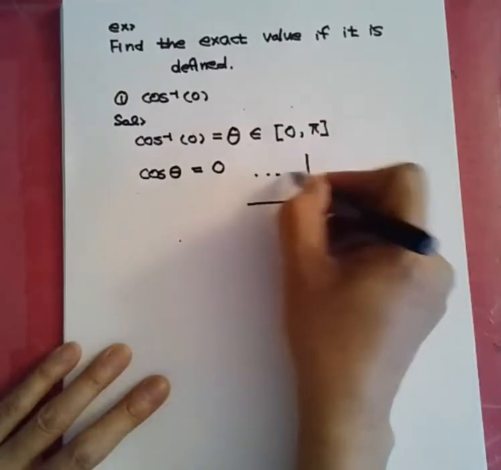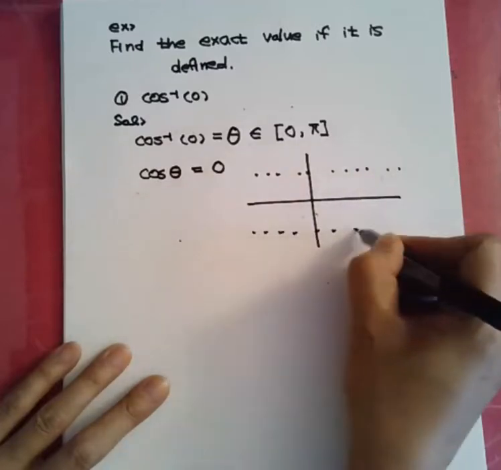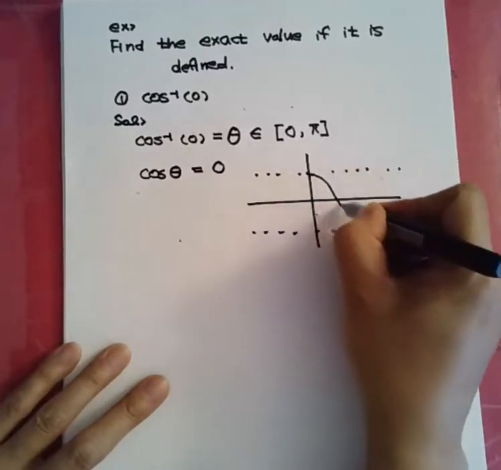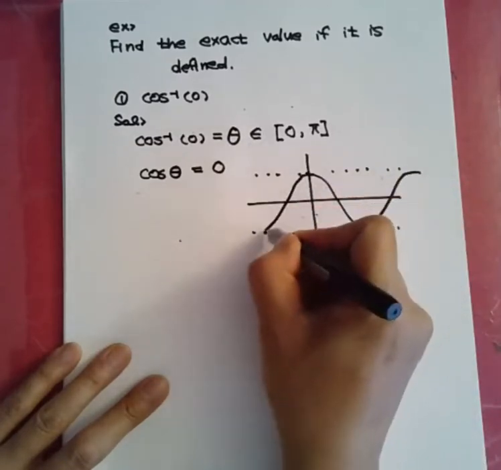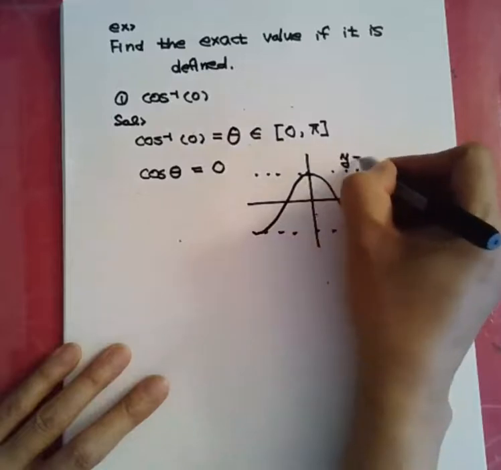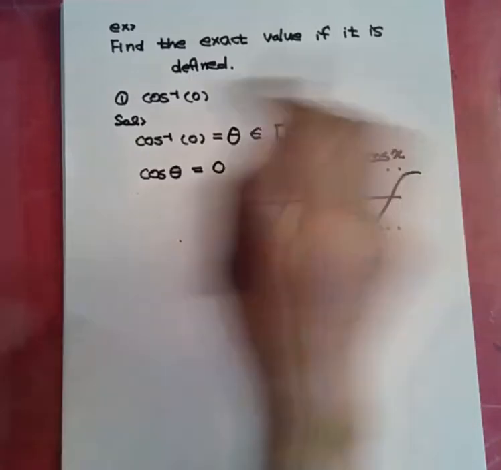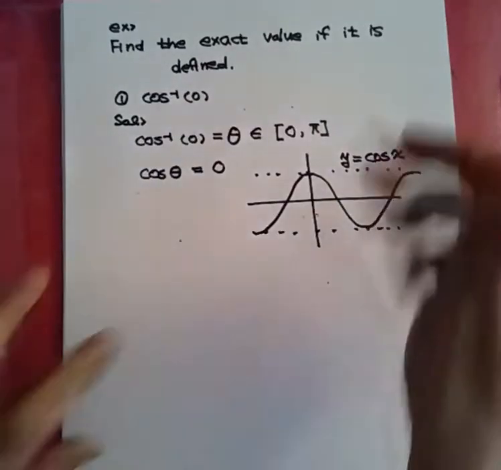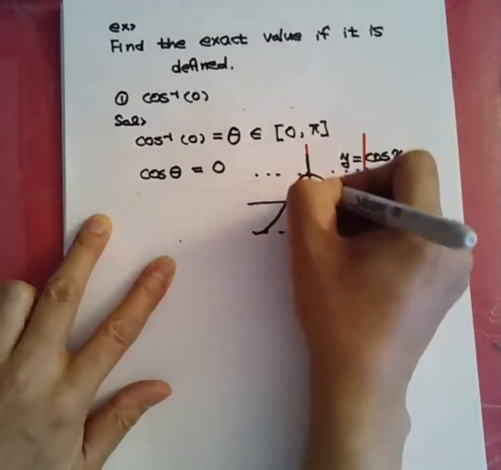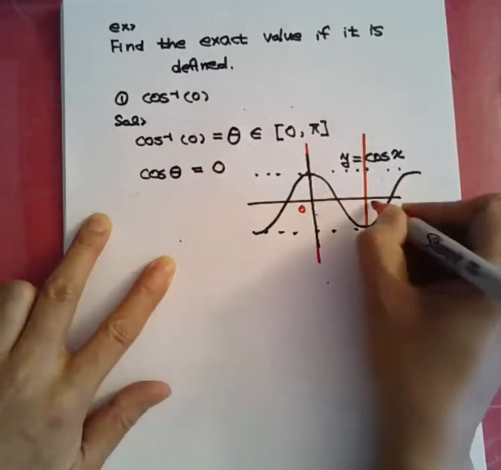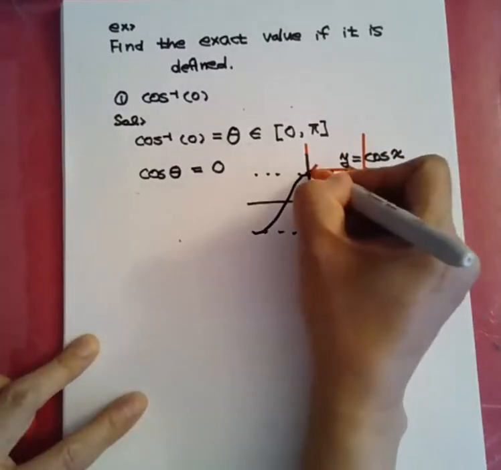So what we will think about will be the cosine function. This is y equals cosine of x. We know we limited ourselves from 0 to pi, where cosine is one-to-one.